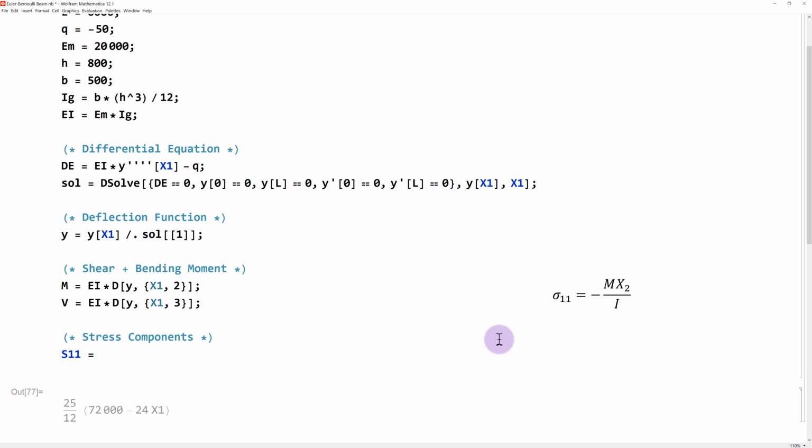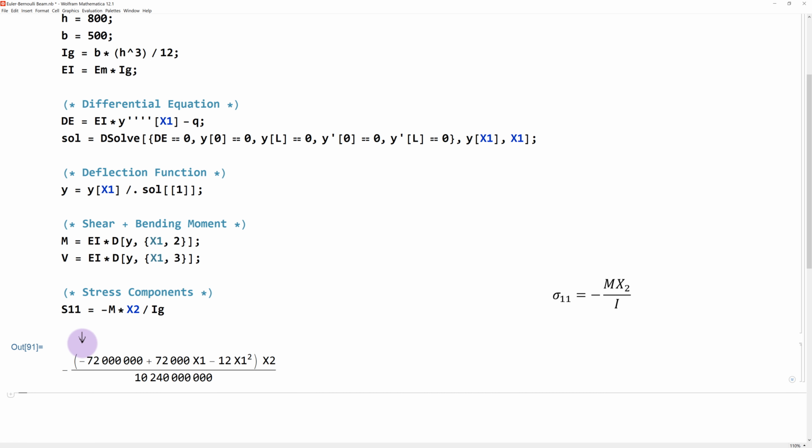Well, we have all those parameters already defined. So we got negative moment, again, the moment function we defined above, so we're good to go, times x2, and x2 is just a variable, so we just leave it as x2, and divided by the moment of inertia, which we defined as ig above right here. So that's it. If I were to go shift enter, I have my function for my sigma 1,1 component.